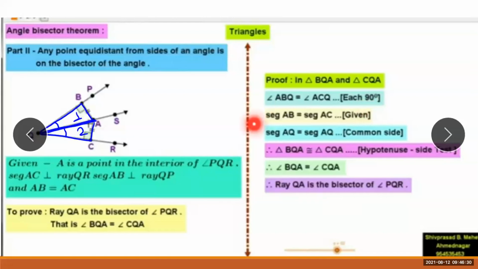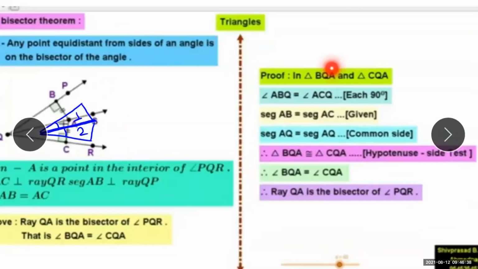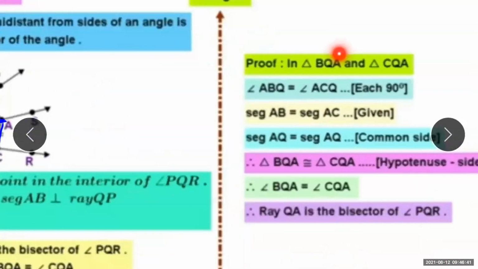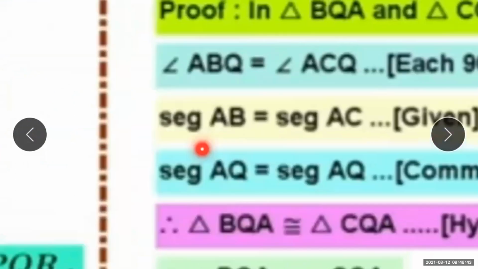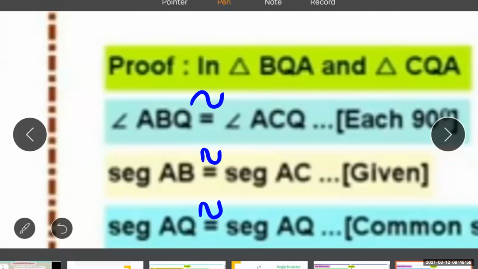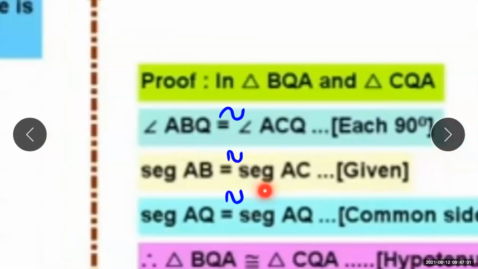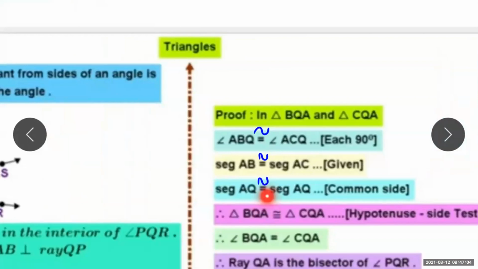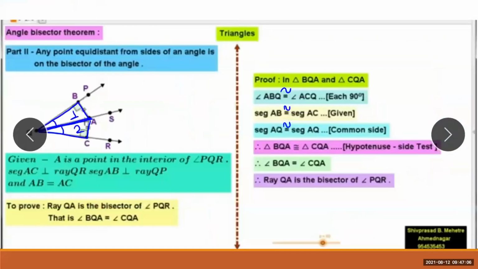Now segment AB is equal to segment AC. Here you can write the congruency symbol. So segment AB is congruent to segment AC.